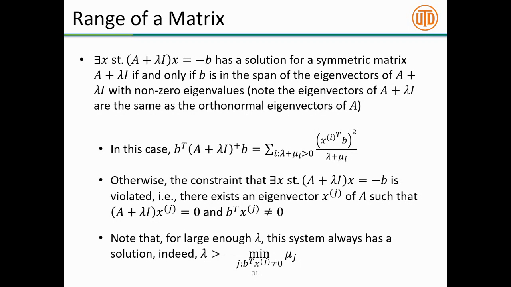It can be written as the sum over x_i transpose b squared divided by lambda plus mu_i. The reason for that is the characterization of the pseudo inverse.